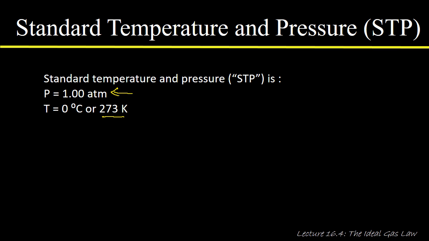A lot of times problems will say, how many grams of methane are in 1 liter at STP, or if 2.5 moles of oxygen is collected at STP, what will the volume be? In those problems, it won't tell you the temperature or the pressure, and you're expected to know that STP refers to these two sets of conditions.